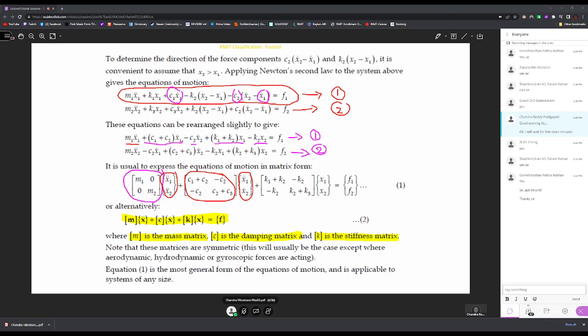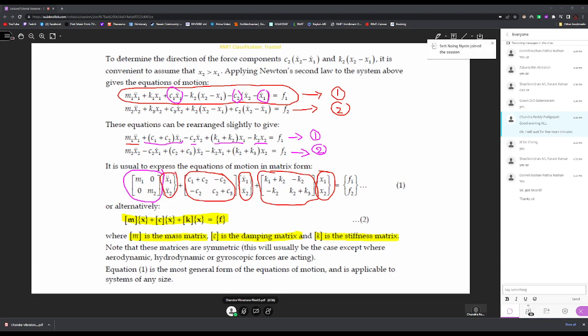After that, we have the stiffness coefficient matrix, multiplied by the displacement matrix. If you multiply these matrices out again, you will get back these two equations. We are only writing the two simultaneous equations as a matrix multiplication.